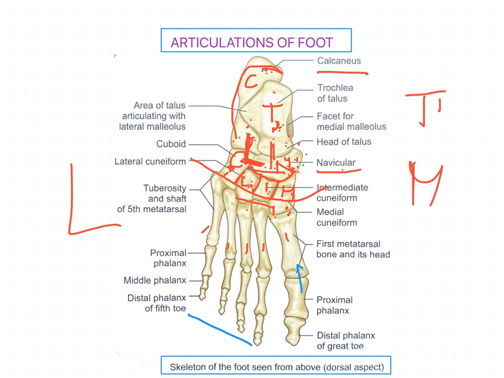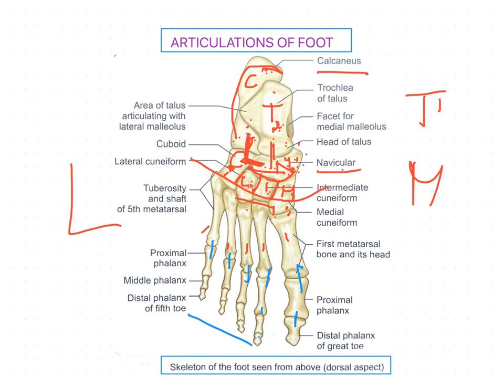forming proximal interphalangeal joints as well as distal interphalangeal joints. Each metatarsal articulates with its corresponding proximal phalanx, forming metatarsophalangeal joints. In the great toe, there is only 1 interphalangeal joint.